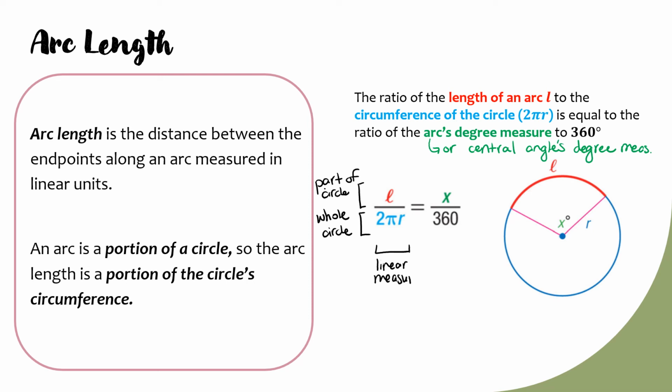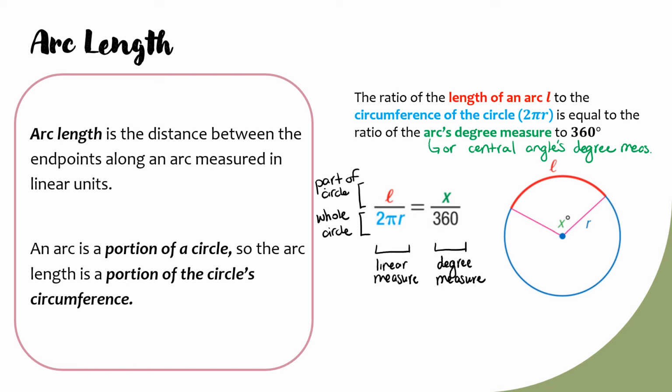And in the other ratio, we have the degrees, or the degree measure. When I am thinking about knowing how to find arc length, I really stick with this proportion. I try to always set up a proportion when I'm going to solve for the arc length of something.